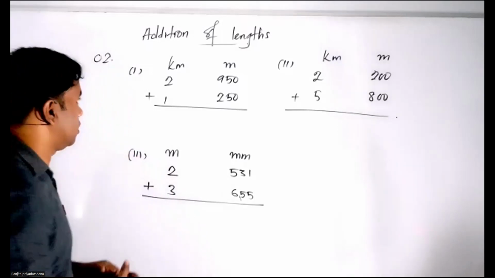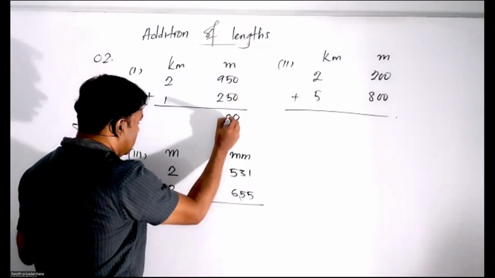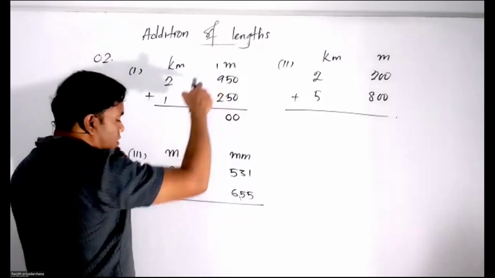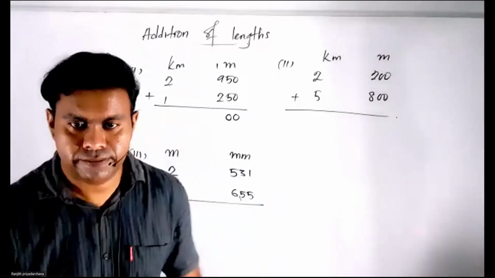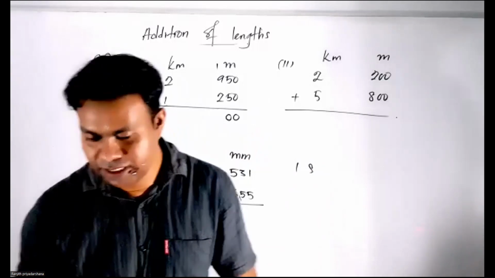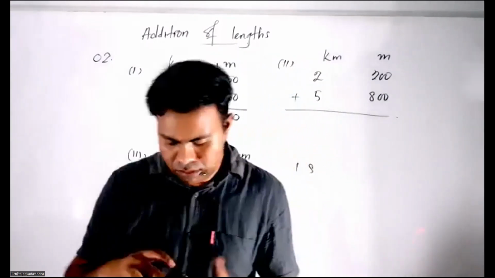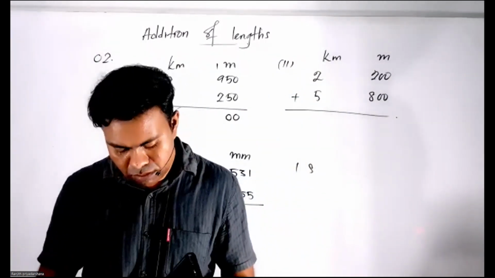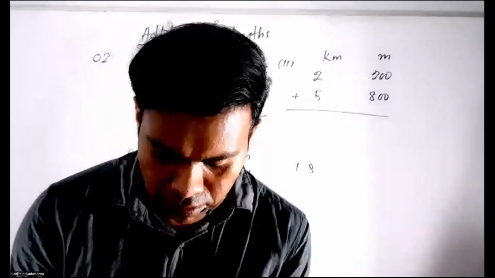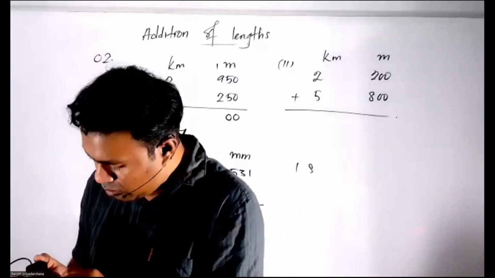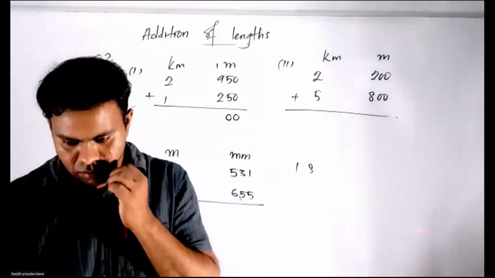Right. Okay, let's discuss. 0 plus 0, 5 plus 5, 10. Remainder 1. Right.